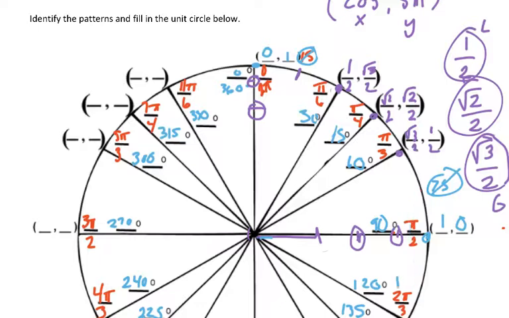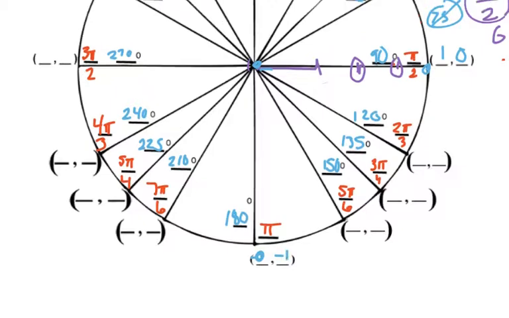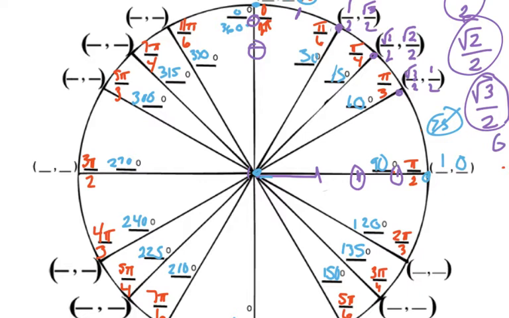Moving downward in the unit circle, if I'm trying to get from the origin down to this one here, I'm going to go over none and down 1. And then over here, I'm going to go -1, but up nothing, sorry.